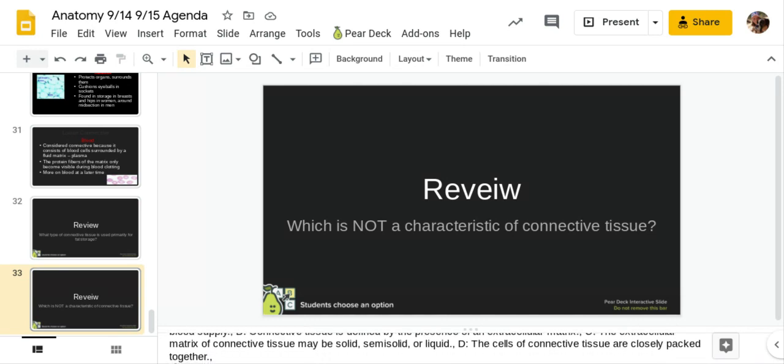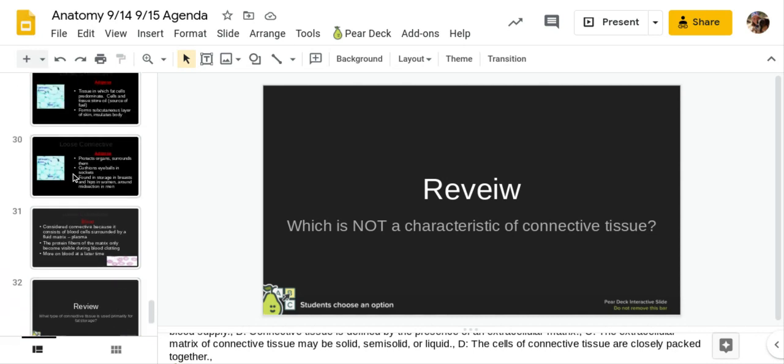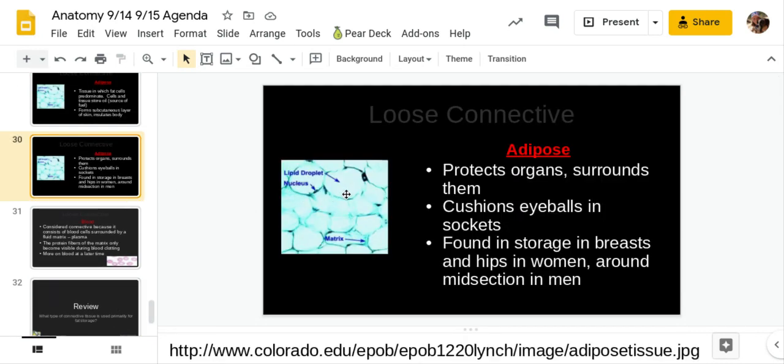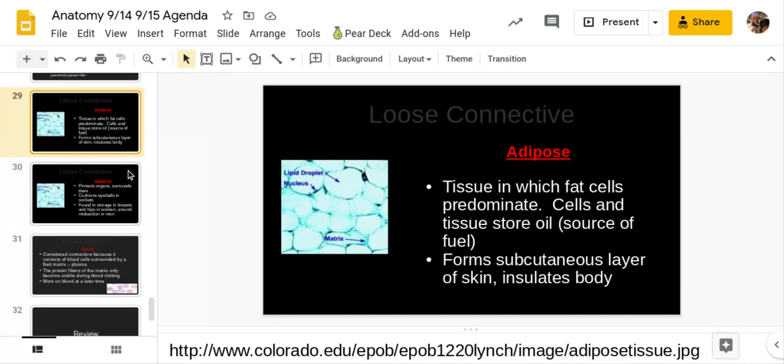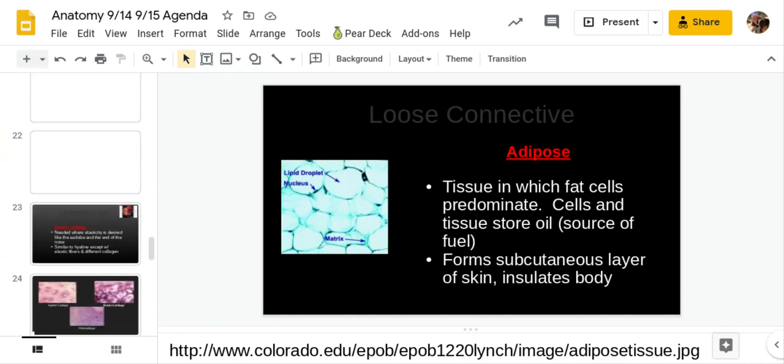And then D, the last one, the cells of the connective tissue are closely packed together. That is the one that is not a characteristic of connective tissue, because what we can actually see through our slides is that these cells can be very spread out throughout the extracellular matrix. A great example of that is our cartilage.